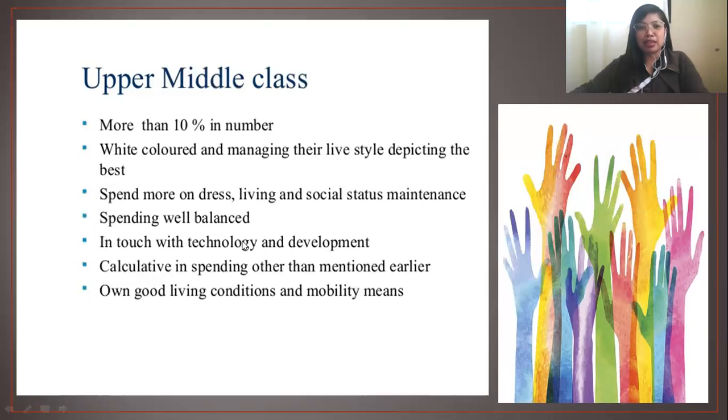The upper middle class is more than 10% in number, white collar, managing their lives and lifestyles to depict the best. They spend more on dress, living, and social status, spend in a well-balanced way, and are in touch with technology and development. They are calculative in spending other than the above, and have their own living conditions and mobility needs.